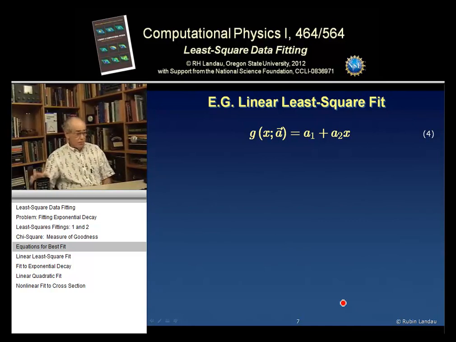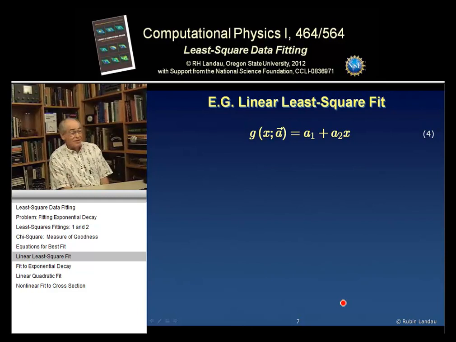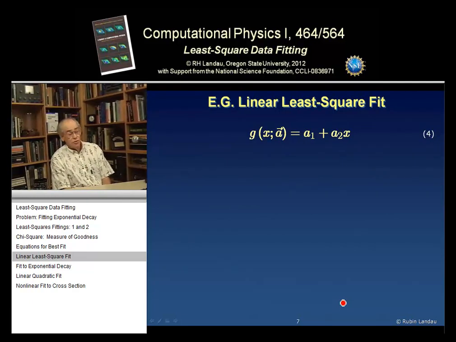Okay, so let's take a break now. Let's look at equation 4 on slide 7. Let's do a very simple case. Let's fit a linear equation. Equation 4 is a straight line, and let's fit it to the data. If you look at equation 4, it's the equation of a straight line.